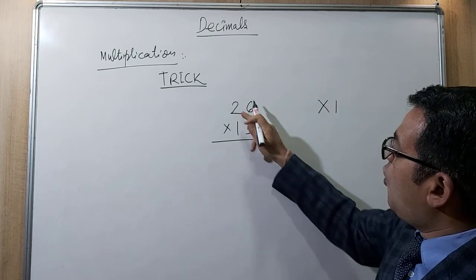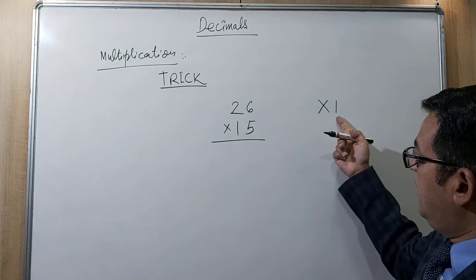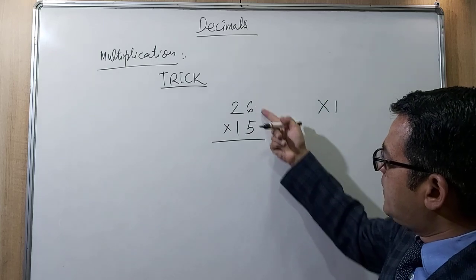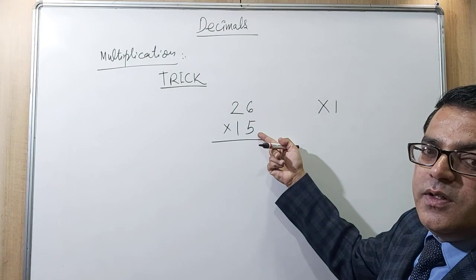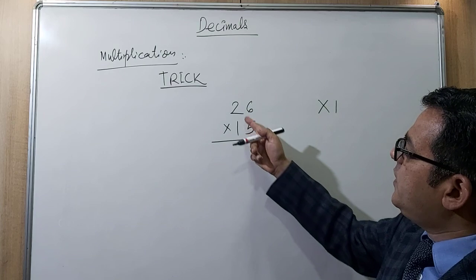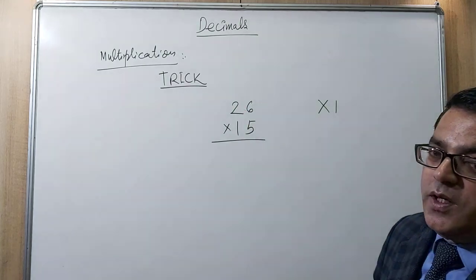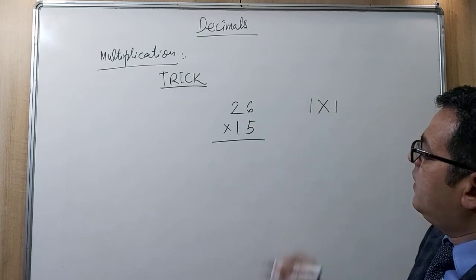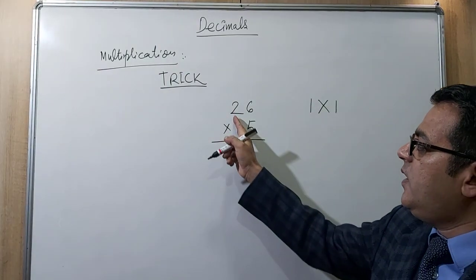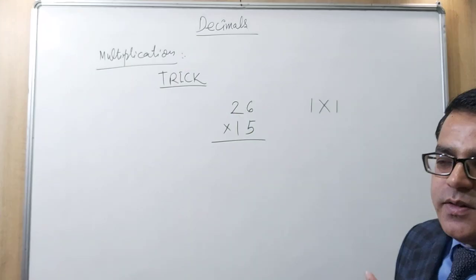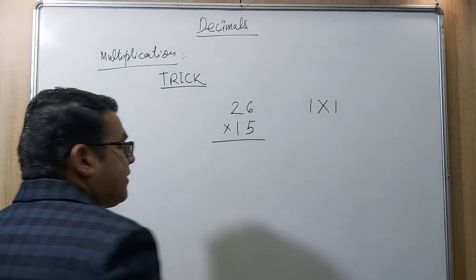X means cross multiplication. This 1 means we will multiply 6 with 5, and this cross means we will multiply crosswise. And 1 will multiply these two digits, and you will get your answer in seconds.